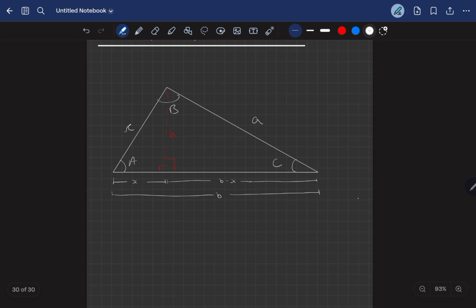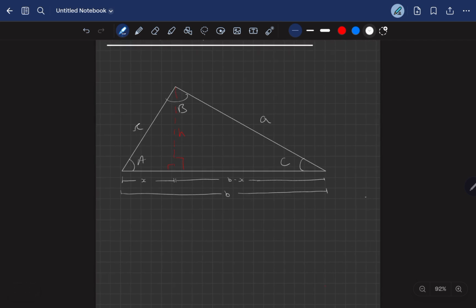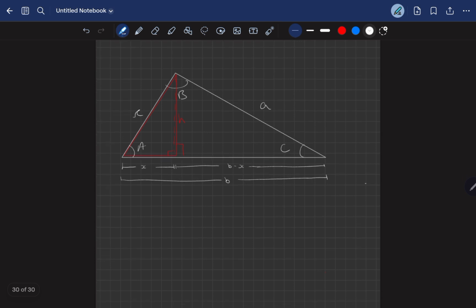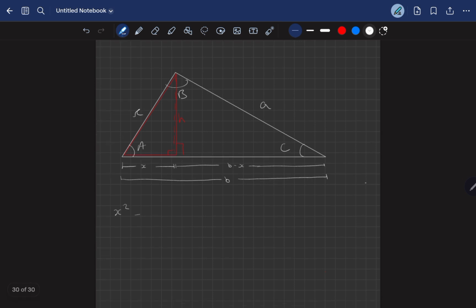Okay, now that we've got that out of the way, let's use the Pythagoras theorem on certain triangles. Let's first focus on this red triangle I'm drawing in now. So in this triangle, x squared plus h squared is equal to c squared, because c is the hypotenuse.